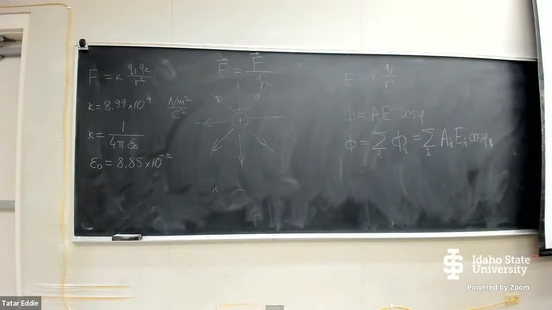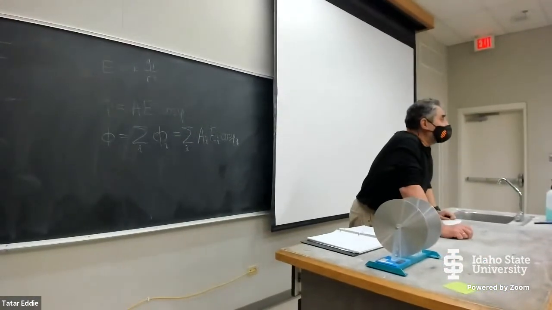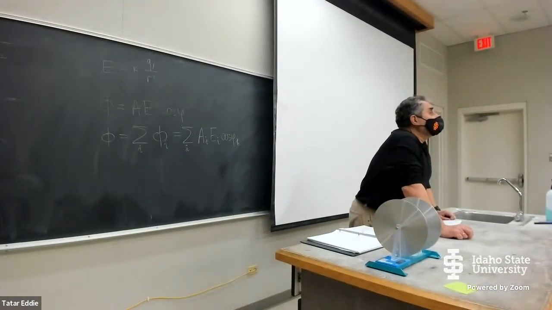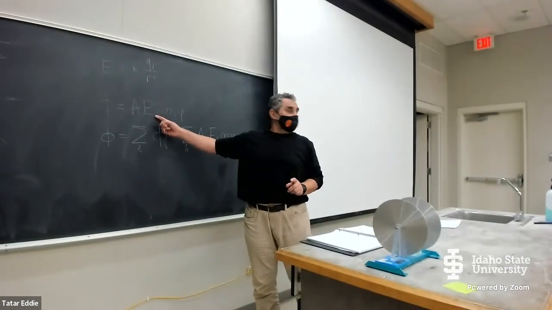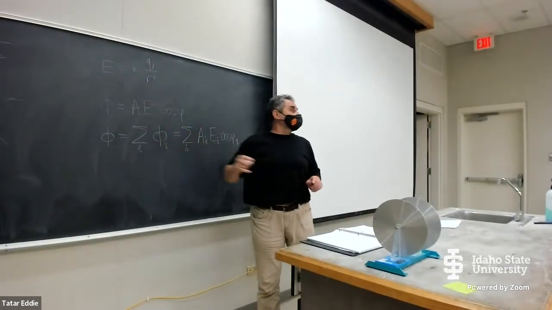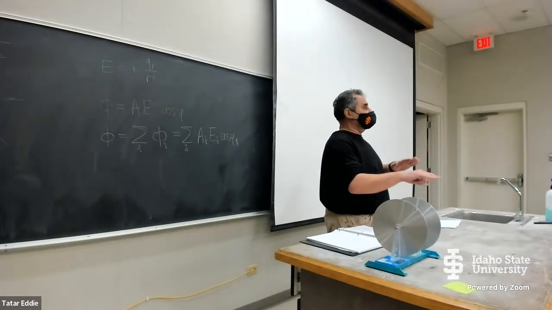In one of the homework assignment problems, you're asked to calculate the flux through a certain surface like this. And they give you one angle, but they trick you there by giving you not the angle between the electric field and the normal to the surface, but they give you the angle between the electric field and the surface itself.